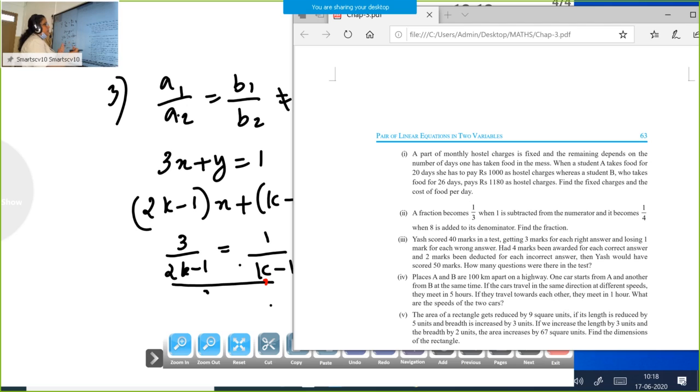That is X plus 20Y is equal to 1000. That is the first equation.